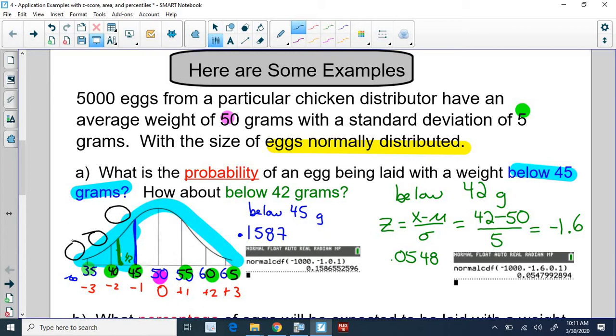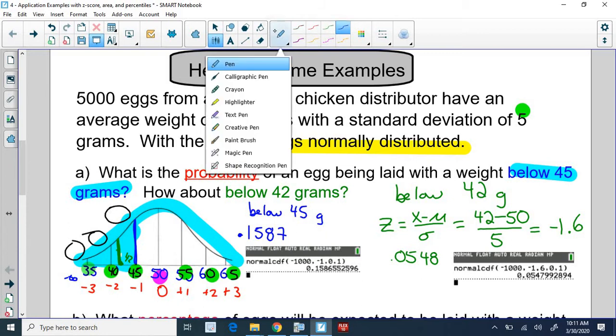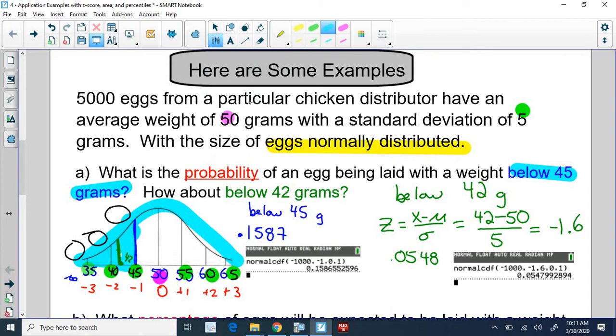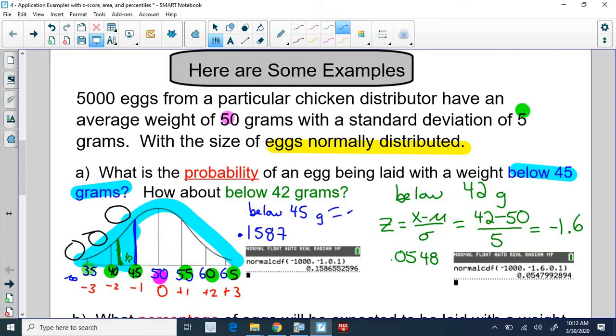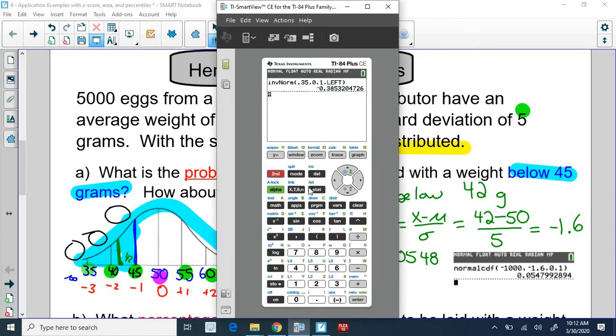Otherwise, I could convert it to a z-score and use the calculator. So the way I do that is I take the actual amount, which is 45, and that equals a z-score of -1. Okay, so I'm going to go into my calculator, and I'm going to use second distribution number 2 to find the value for this.